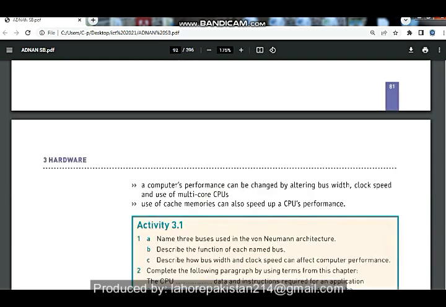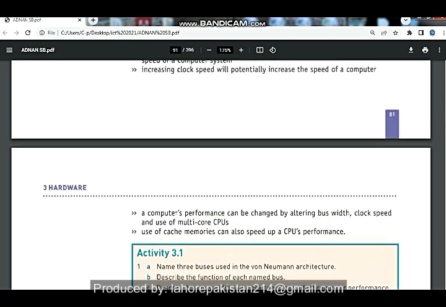The third point is this, that again he is repeating that you can change, altering means changing. You can change the width of the bus, you can change the clock speed, and yes, you can use multiple cores of a CPU. You can increase the performance of your CPU by increasing its number of cores.